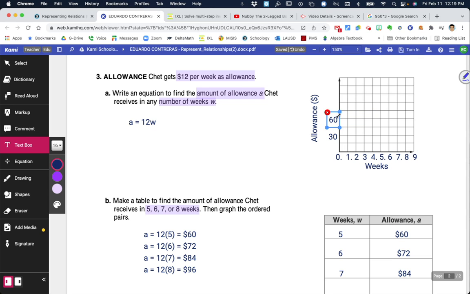And then the next one, 2 up from there, we would have $90. And then 2 up from there would put us at $120. Okay. So I'll give you a minute to catch up with that.